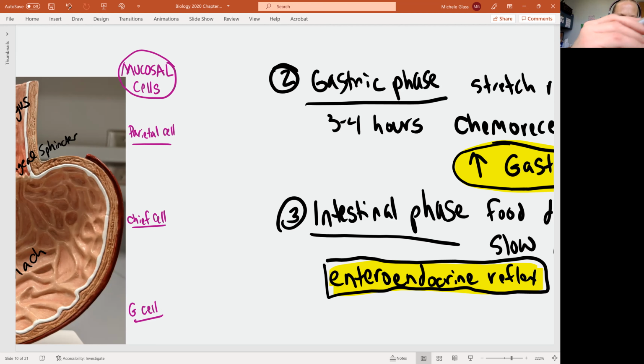When we talk about the parietal cell, it is going to be making 2 things. It's going to be making and releasing hydrochloric acid. Hydrochloric acid is a very strong acid. It has a pH of about 1.5 to 3.5.